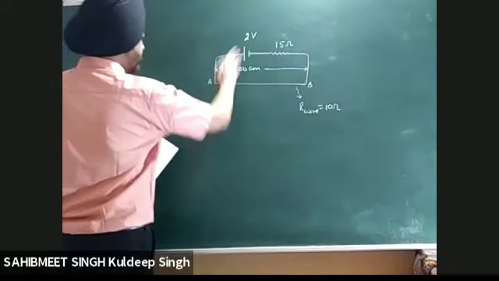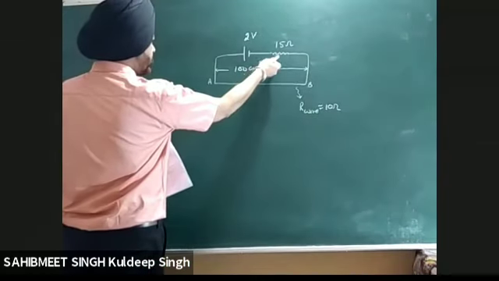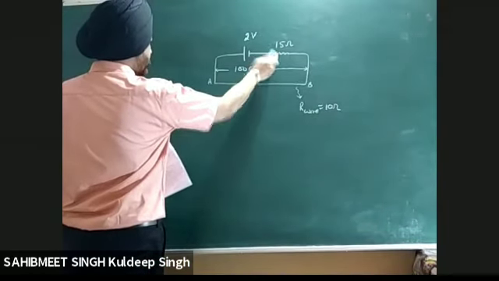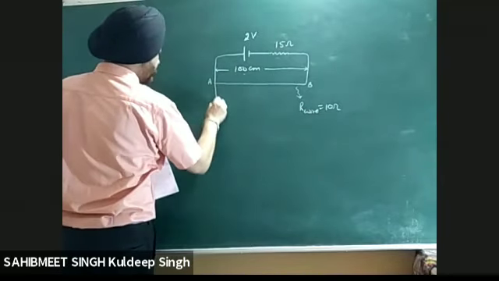So this is the driving circuit. 100 centimeter, 15 ohm is extra connected. Keep it in mind. And here you are given the resistance of this.